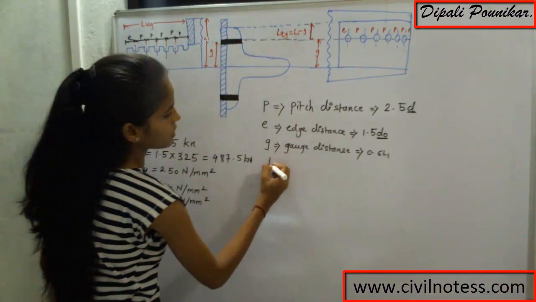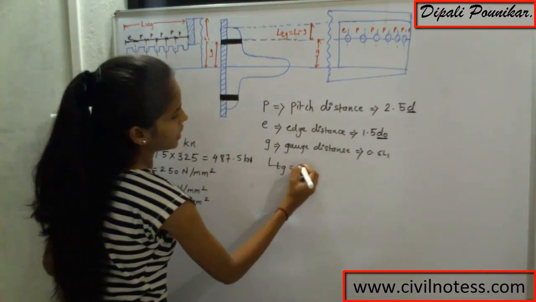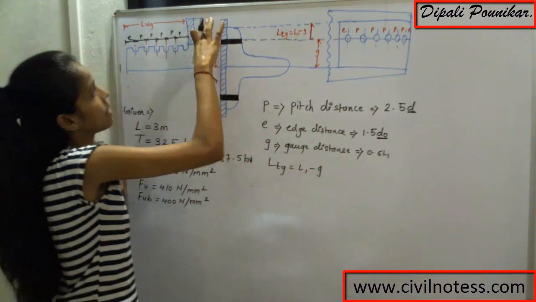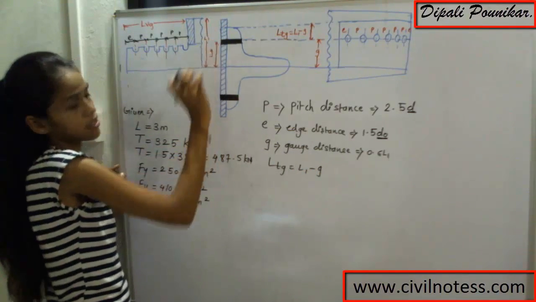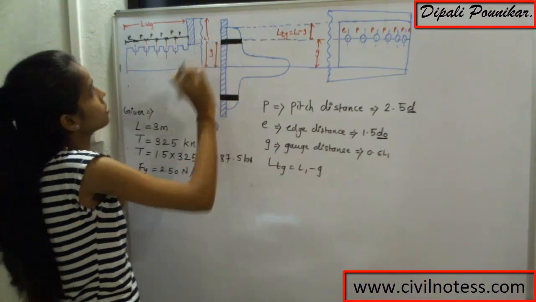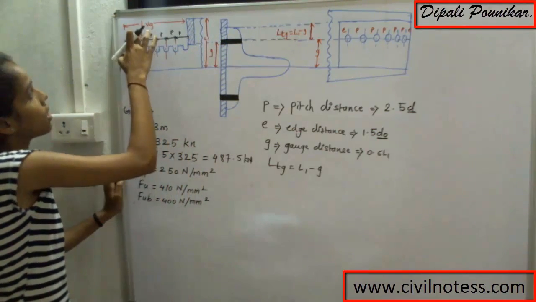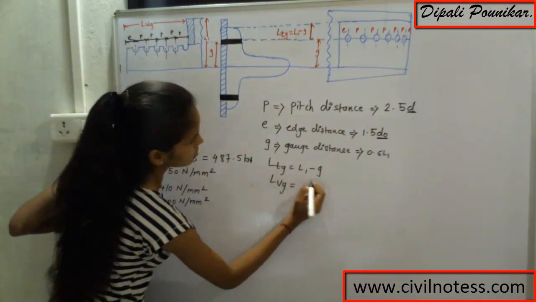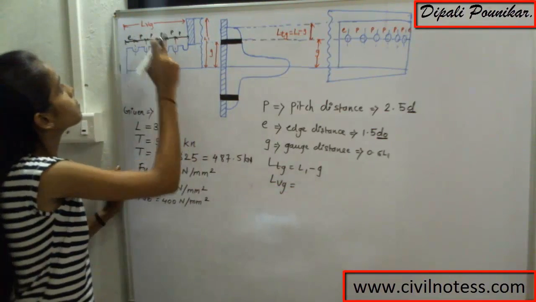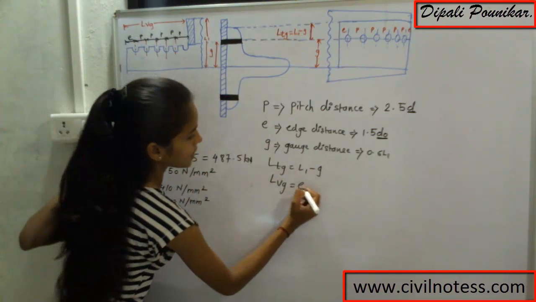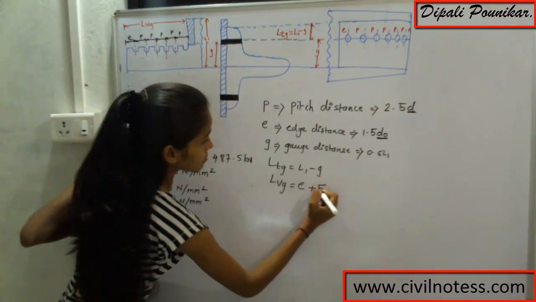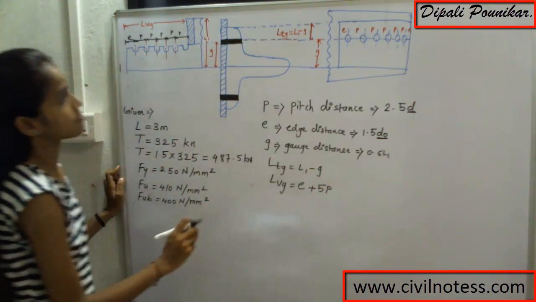LTG is calculated by the formula L1 minus G, where G is the gauge distance, and LVG is calculated by the formula E plus 5P.